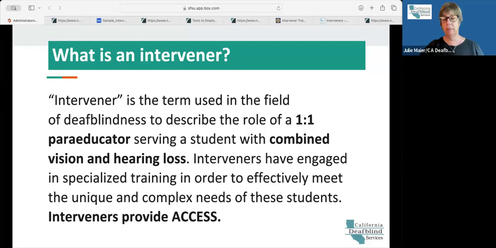Intervenors have engaged in specialized training in order to effectively meet the unique and complex needs of these students. So it's not just any paraeducator, it's a paraeducator who's received some specialized training. And the key thing to know about intervenors is they provide the access that the student requires to enable the implementation of their IEP and to encourage and promote their learning.